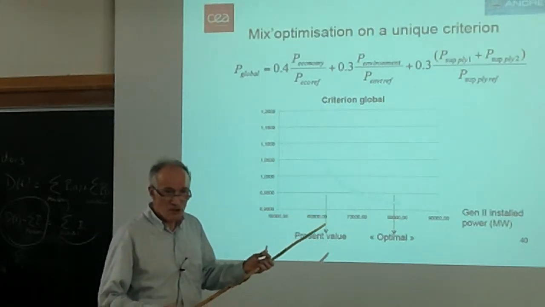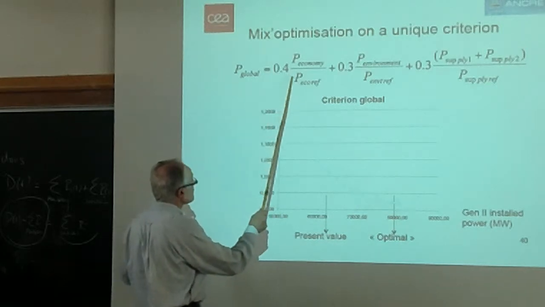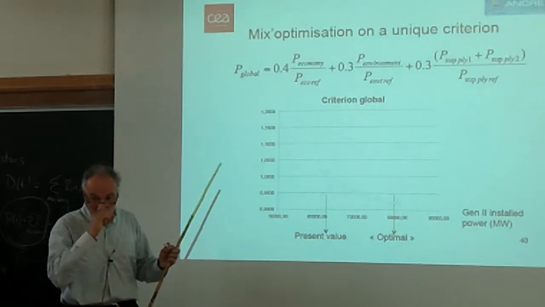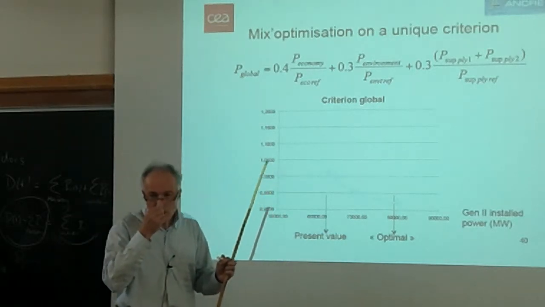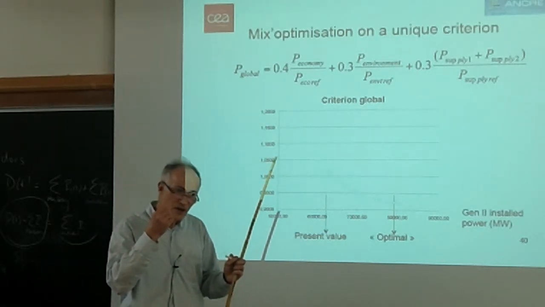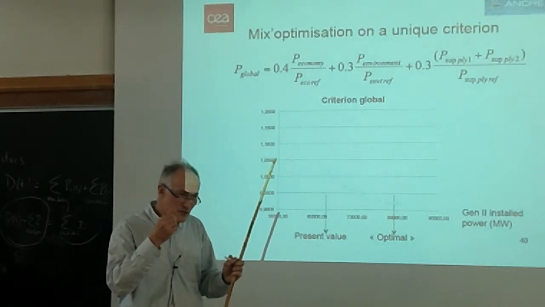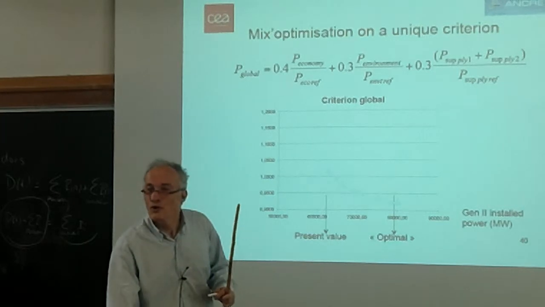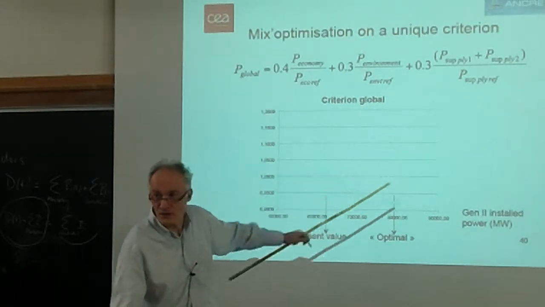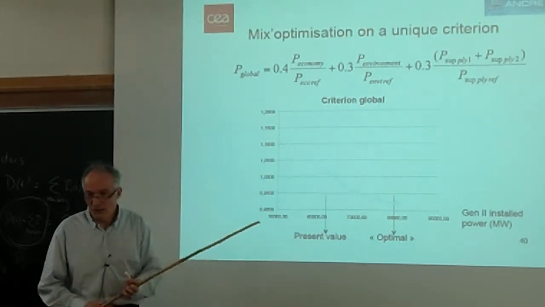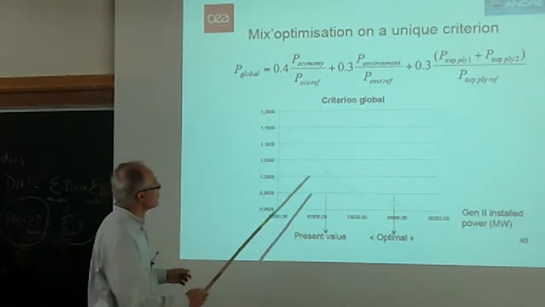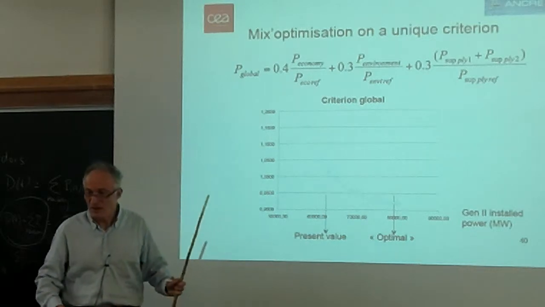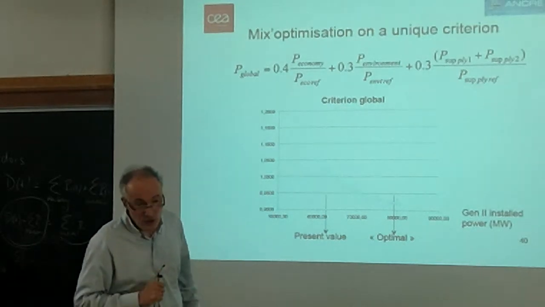The optimization shows that if we weigh the criteria one-third, one-third, one-third, then the optimum for the French mix lies with an increase of nuclear power, not a decrease. Of course, you can choose the weighting coefficients. If you are at Sauvons le Climat, you will certainly put a larger coefficient here, and you will get another conclusion, of course.